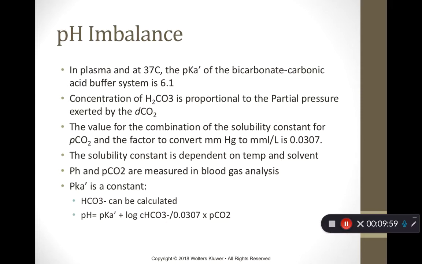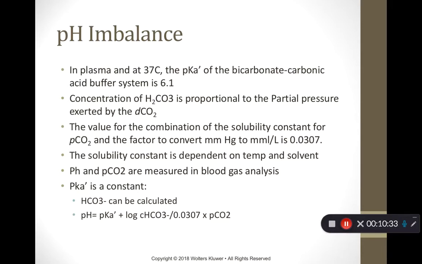So the pKa is a constant, right? Bicarbonate can be calculated when you have the pKa. The calculation would be as follows: pH equals the pKa, which is a constant, plus the log of bicarbonate over 0.0307 times partial CO2.